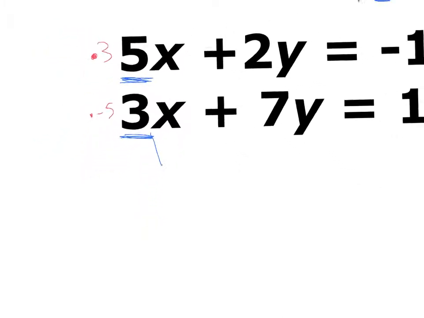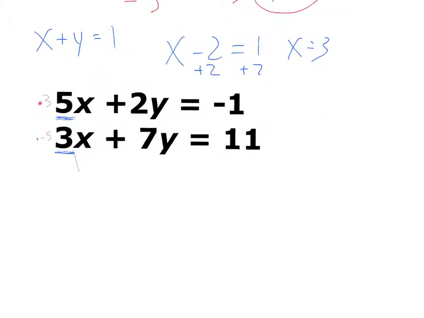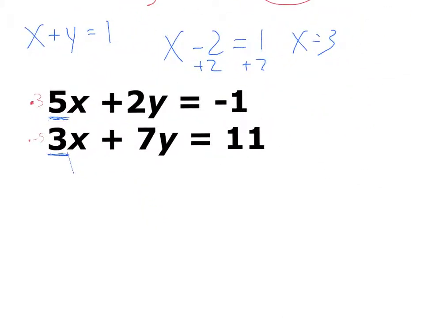Okay, so let's go ahead and do all this. On the top, 3 times 5 would give us 15x. 3 times 2y would give us 6y. And 3 times negative 1 would give us negative 3. So there's our new equation. Let's try the bottom.